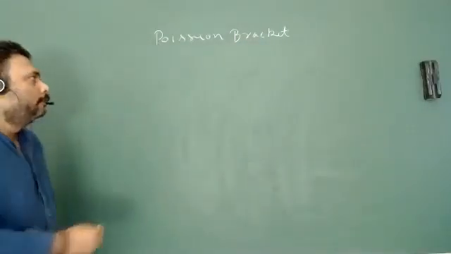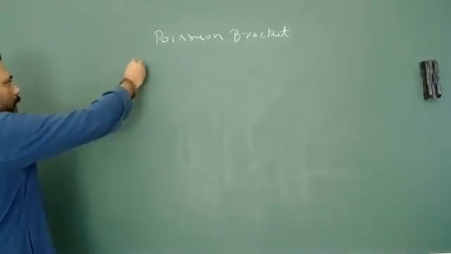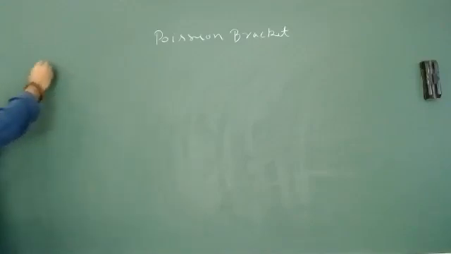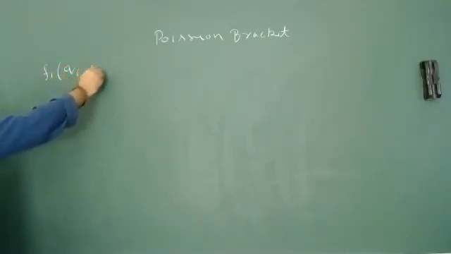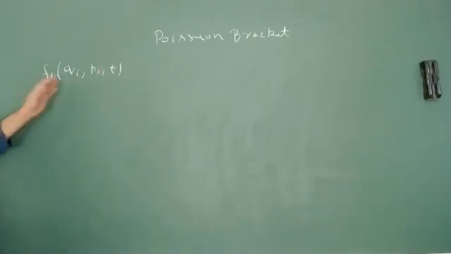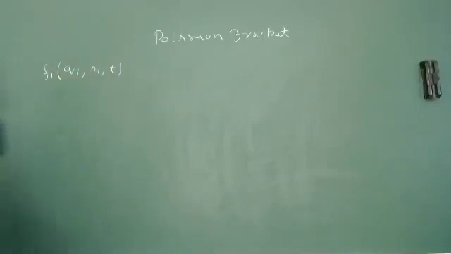Suppose we have two functions. Let's say the first function is f1, and this is a function of qi, pi, and t. So f1 is written as a function of generalized coordinate, generalized momentum, and time.